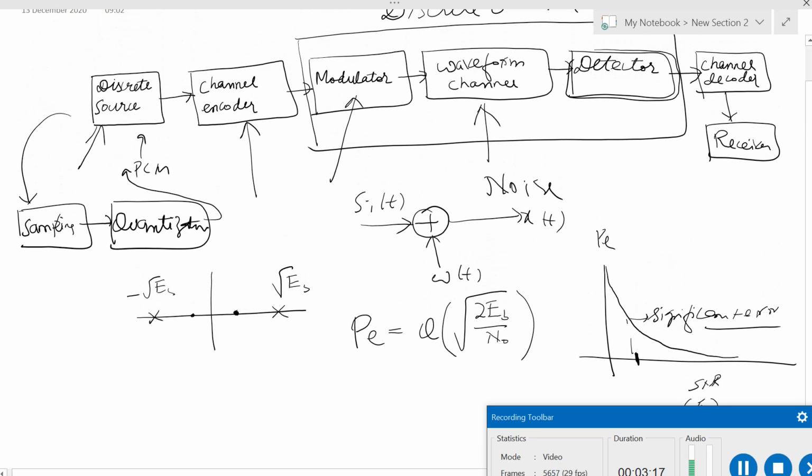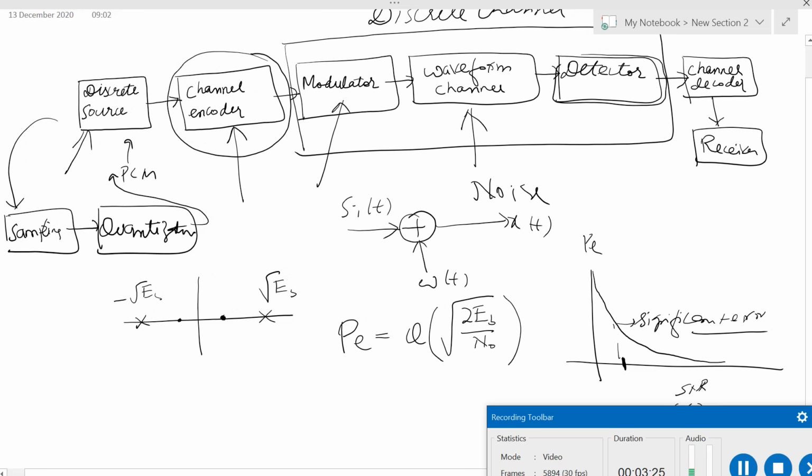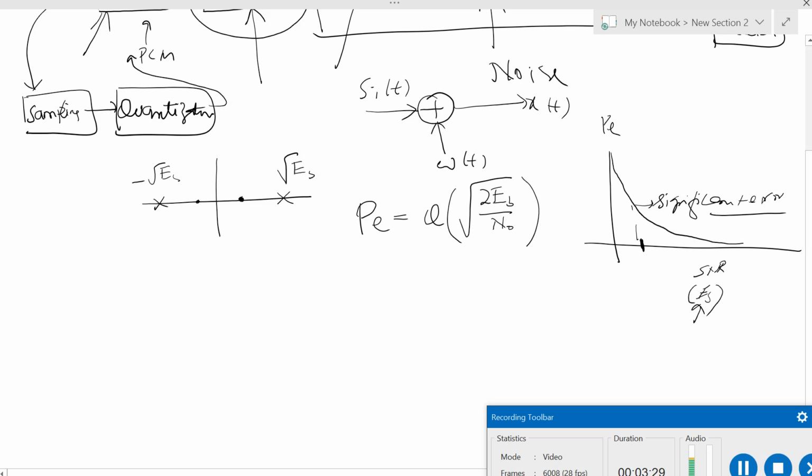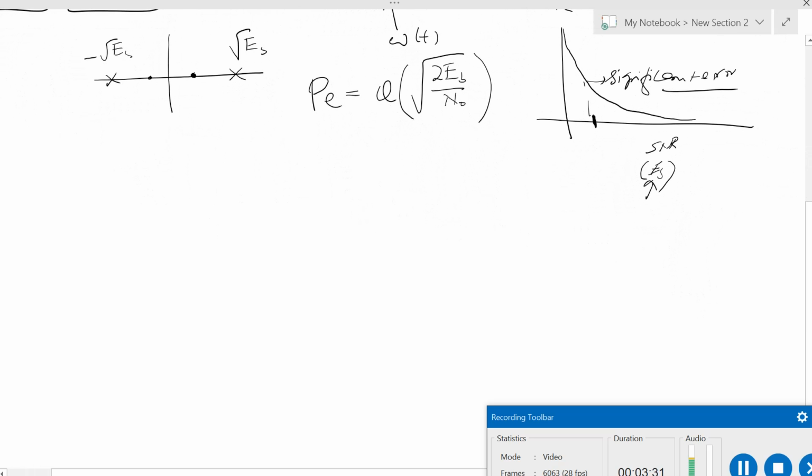That scheme which decreases the probability of error further, that's what we call here the channel encoder. And then equivalently we have here the channel decoder. It will become more and more clear as we proceed further.